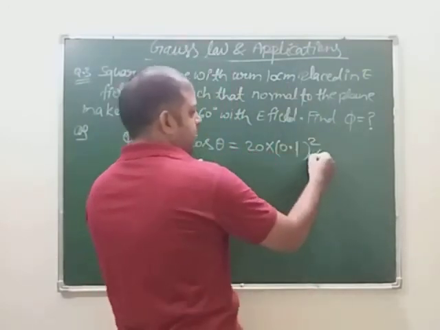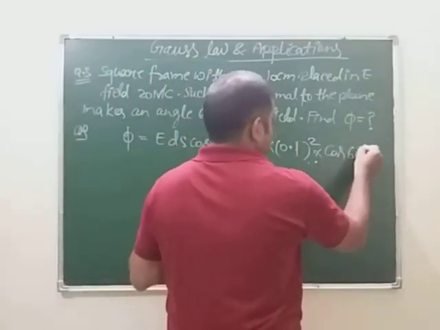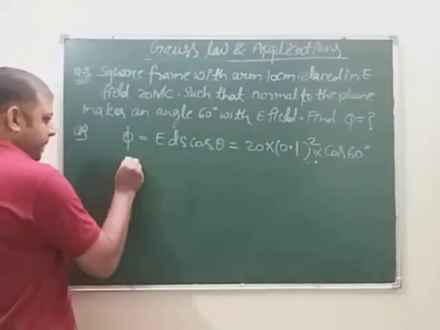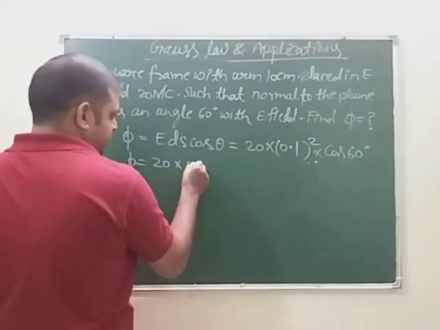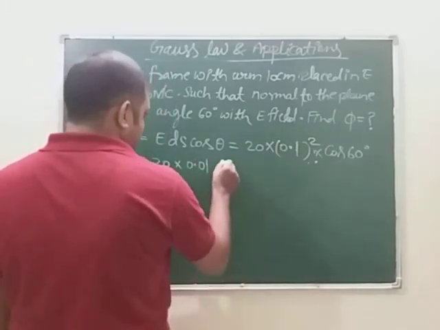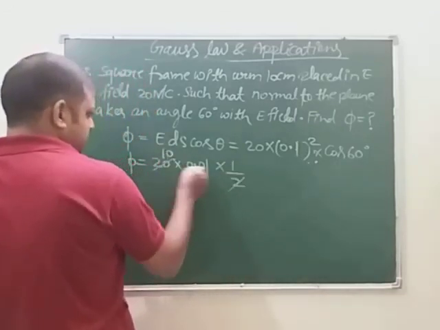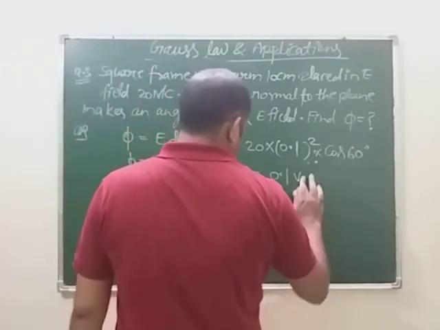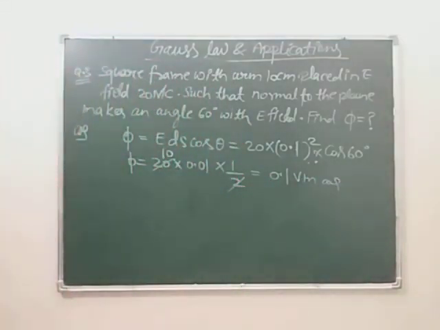Then cos theta, where theta is 60 degrees. Cos 60 is 1/2. So solve this value here. Phi is equal to 20 into 0.01 into 1/2, which is 0.1 volt meter. That is the answer. So a very simple numerical that we have calculated.